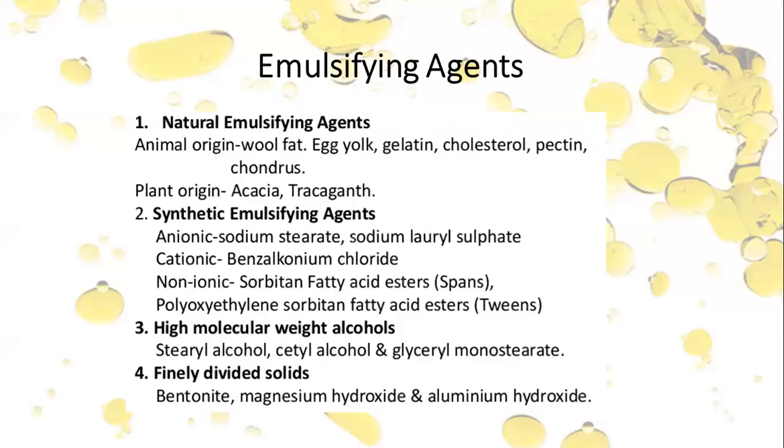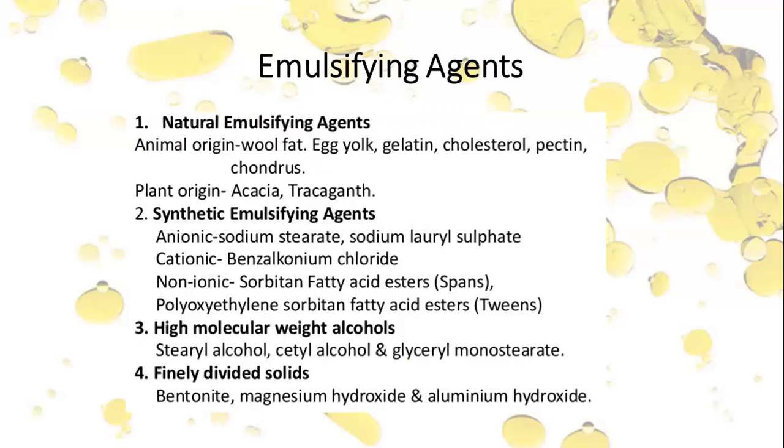Okay, so natural emulsifying agents from vegetable sources are anionic in nature and produce O/W, that means oil-in-water type emulsions. The emulsions prepared from these emulsifying agents need a suitable preservative to preserve them because carbohydrates act as a medium for bacterial growth.